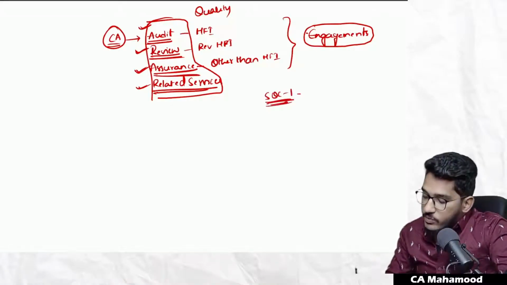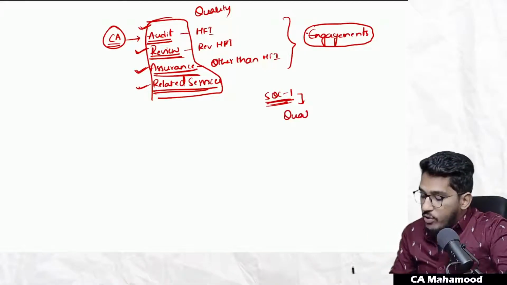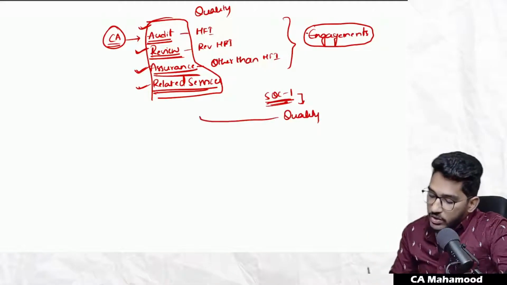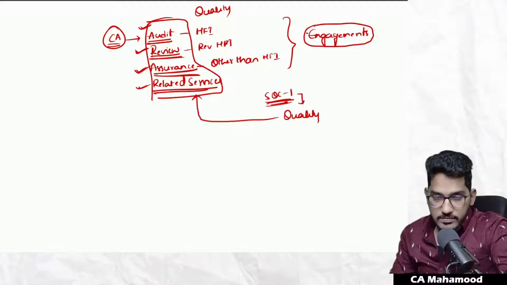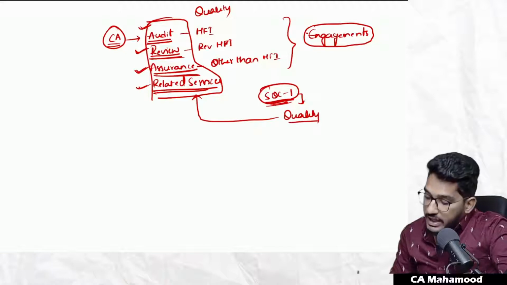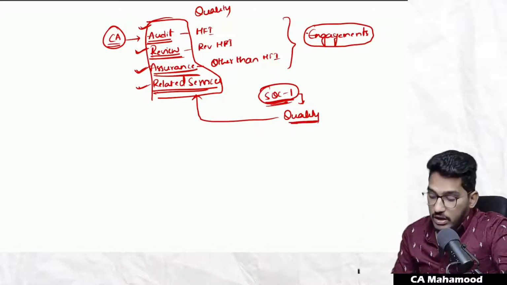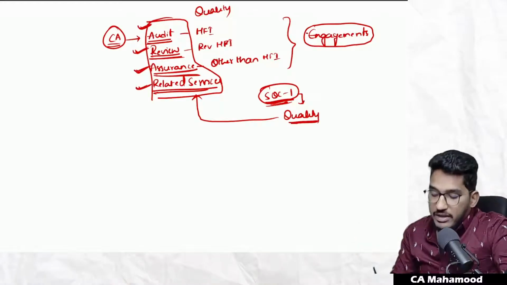SQC1 is going to give guidance about how you have to maintain quality in all these different kinds of engagements, not just audit. SQC1 talks about how you can maintain quality in audit, review, assurance, and related services.